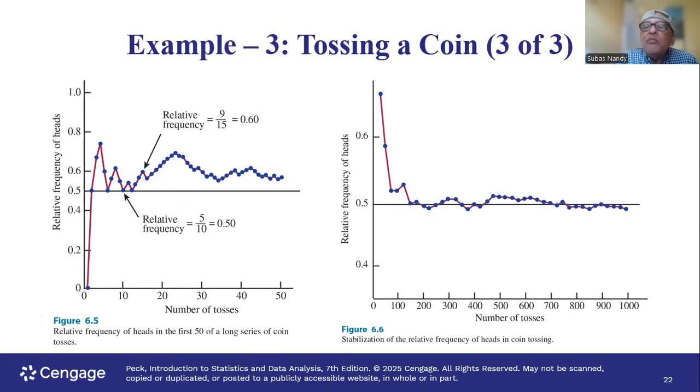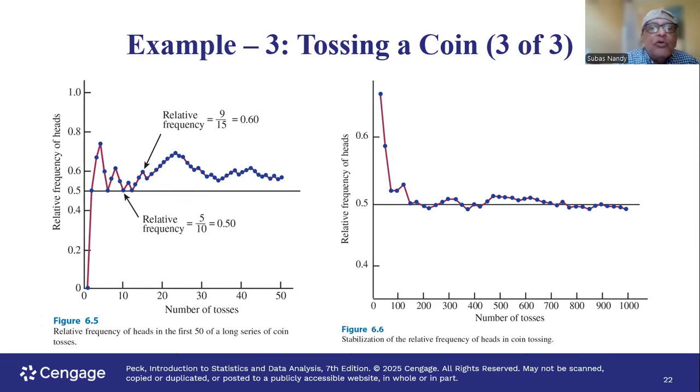So here is a picture of the same situation. The horizontal black line is drawn at a vertical distance of 0.5 from the x-axis, or the horizontal axis. So the black line in the middle of the diagram is 0.5. It is the relative frequency of heads, at a distance of 0.5 from the horizontal axis.